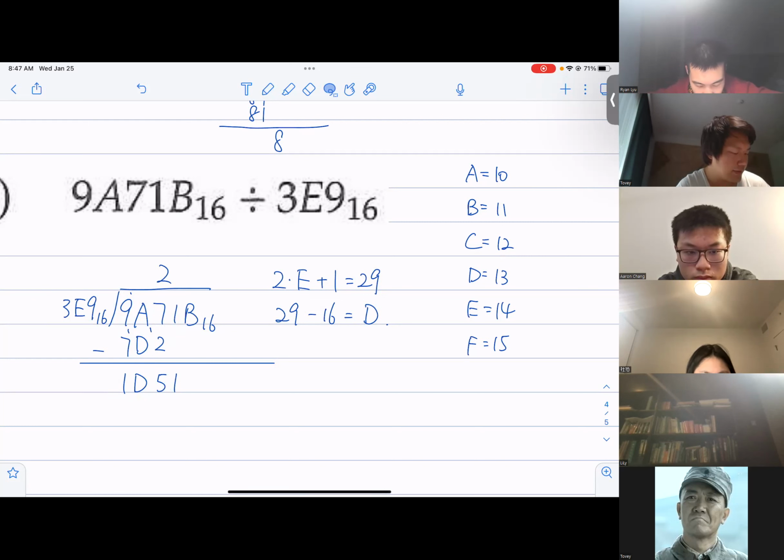So if you put 3 there, maybe we can see this as a 400. Try to pretend it to be 4, and then look at this 1D. 1D is actually 1 and 13.